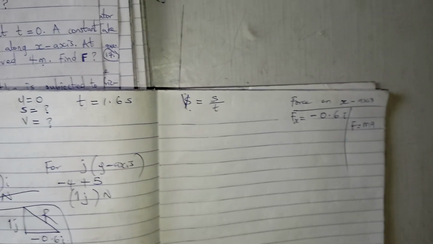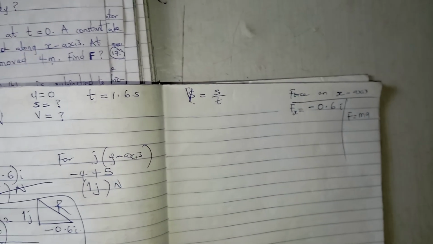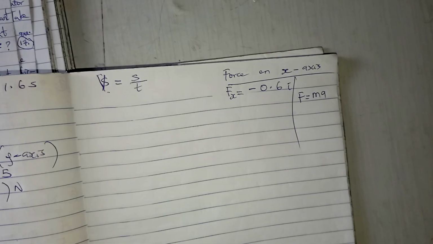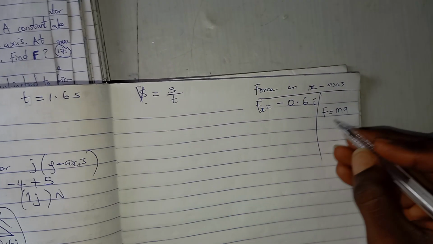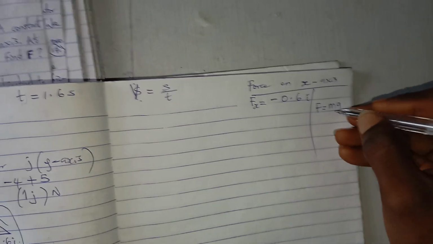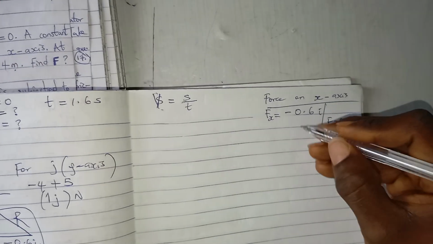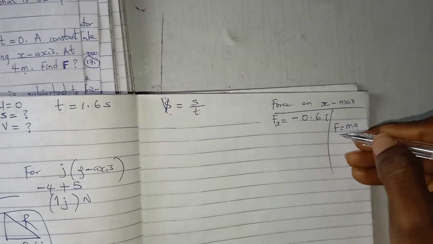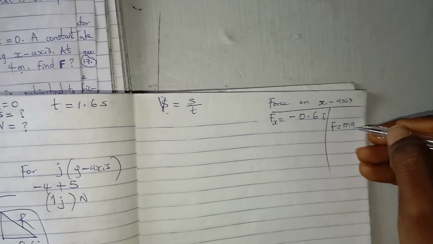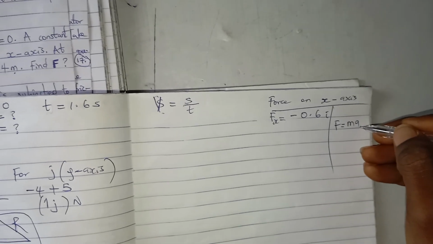So if force is equal to MA, it simply means that force on the x-axis should be equal to M times the acceleration on the x-axis. Let's find the acceleration on the x-axis.